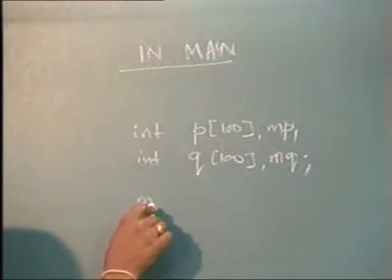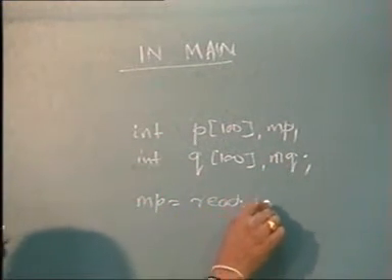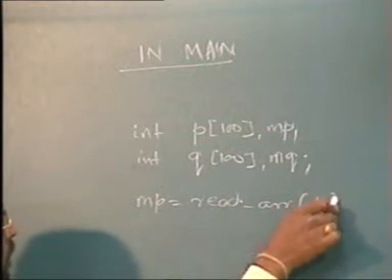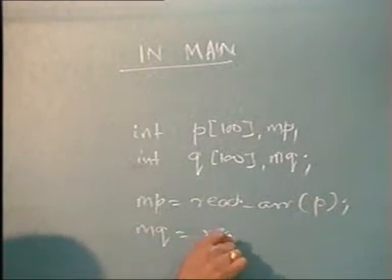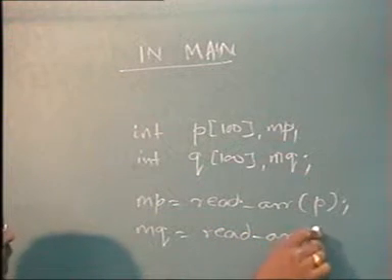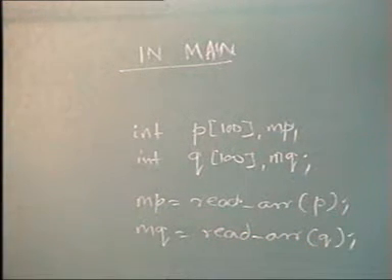I can say that mp is equal to read arr p. Similarly, mq equal to read arr q, and the two arrays will be read. After reading the first array, it will again ask how many and will read the second array.